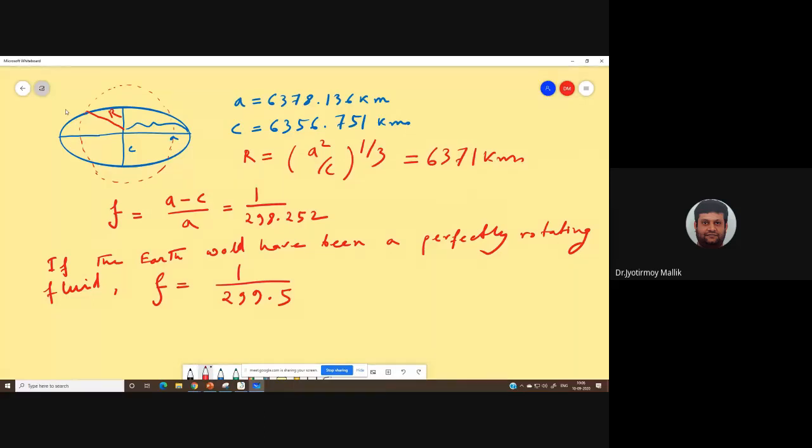Now you can see there is a bit of difference than the flattening that we observed in case of the Earth than if it would have been a perfectly rotating fluid.